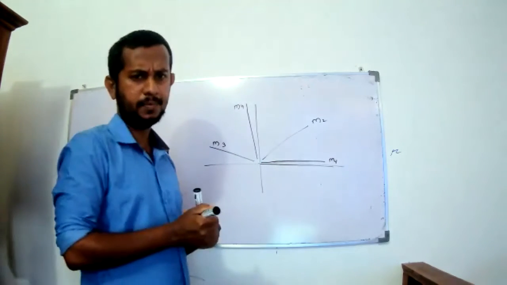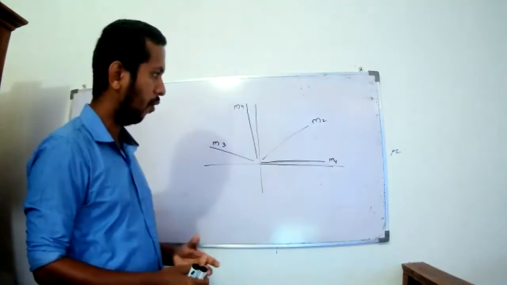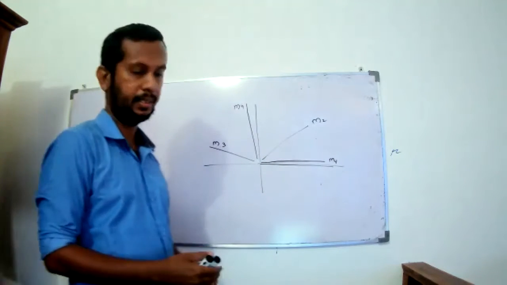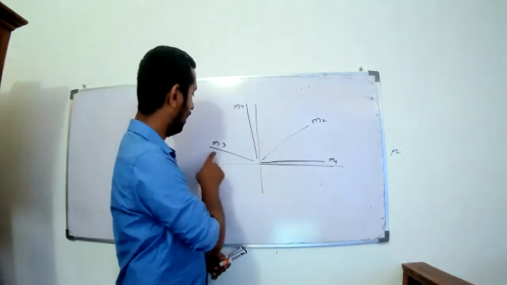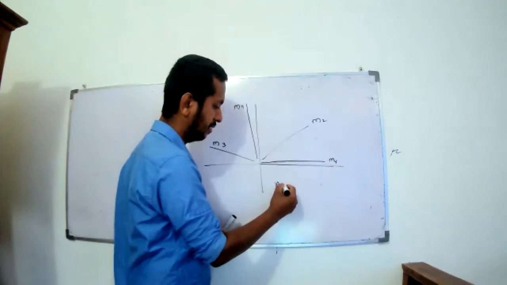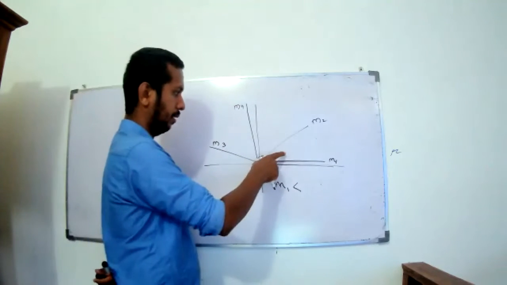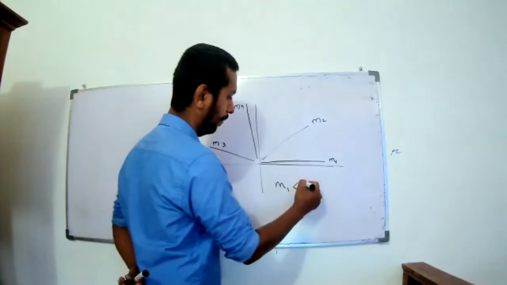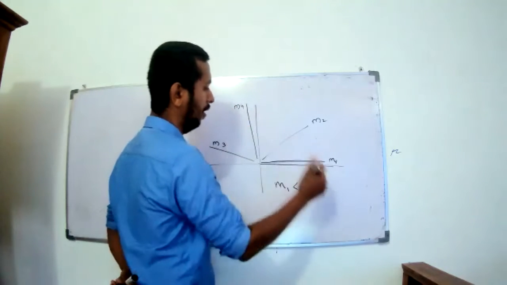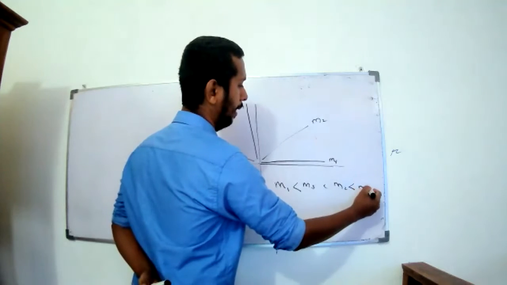Out of four graphs, now we will be able to arrange these four graphs according to ascending order of their gradient. So out of m1 and m3, m1 has the lesser gradient. The next nearest gradient belongs to m3. The next one out of 2 and 4 will be m2, and the highest gradient belongs to m4.